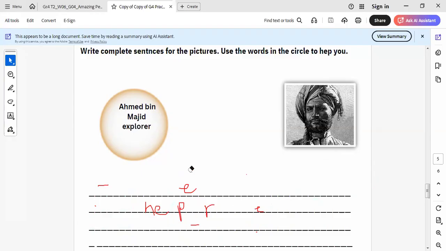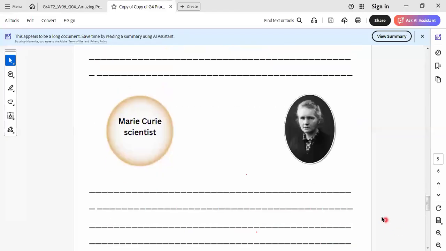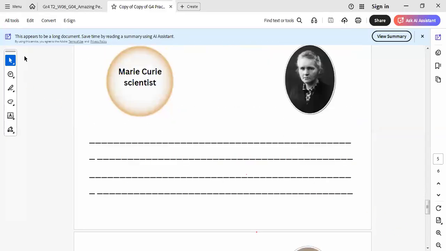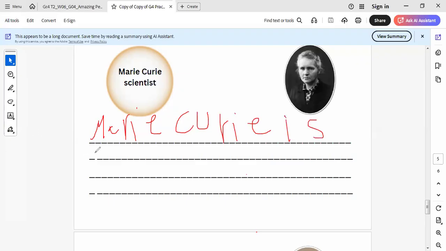Marie Curie is a scientist. Okay, Marie Curie is a scientist. We can say she discovered a machine.